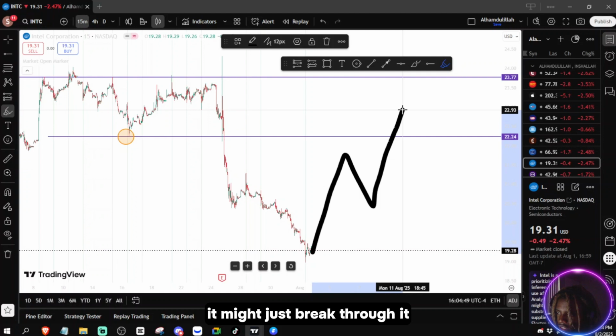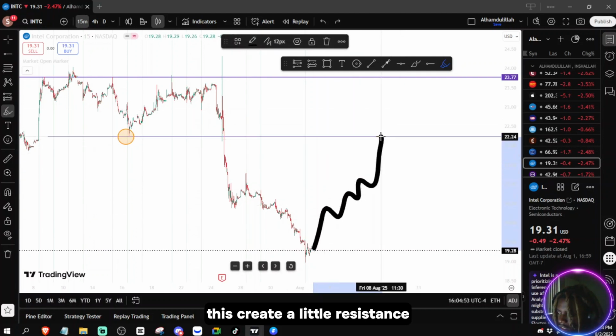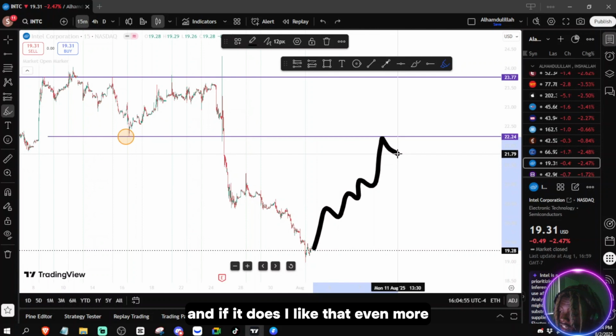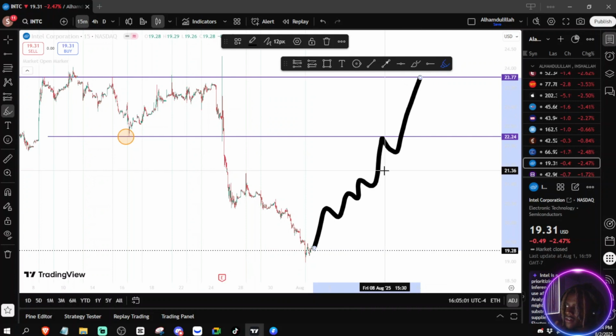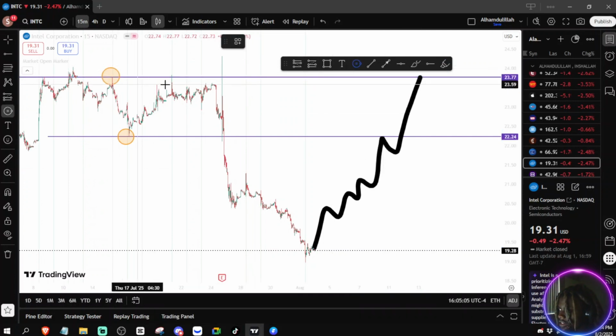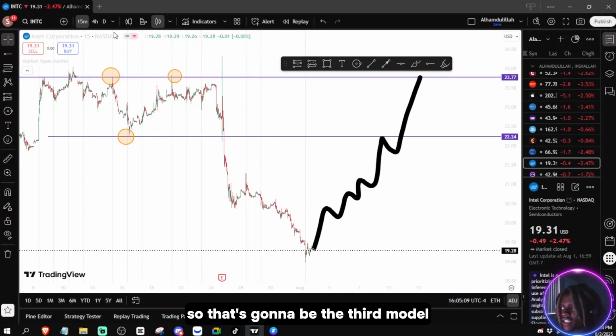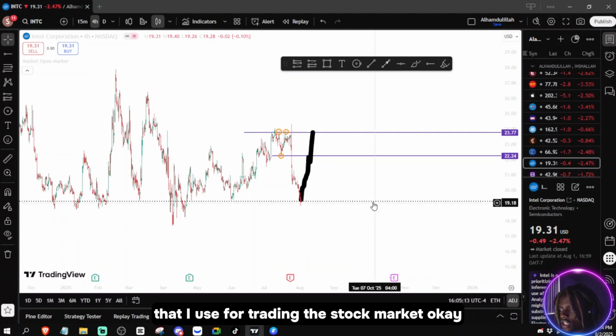It might just break through it. Or it might do something like this, create a little resistance, and if it does, I like that even more. Just let the liquidity build, and then boom, as soon as it gets broken, I'm good, and take it up to the next areas of resistance. So that's going to be the third model that I use for trading the stock market.